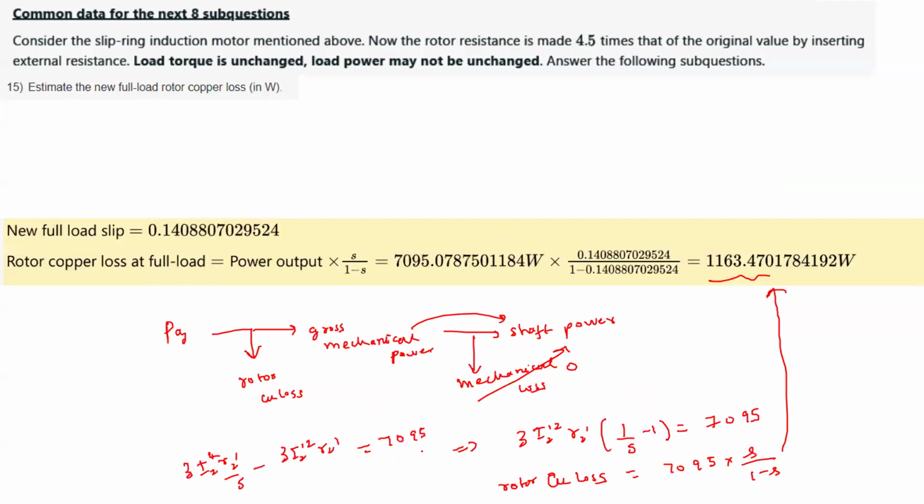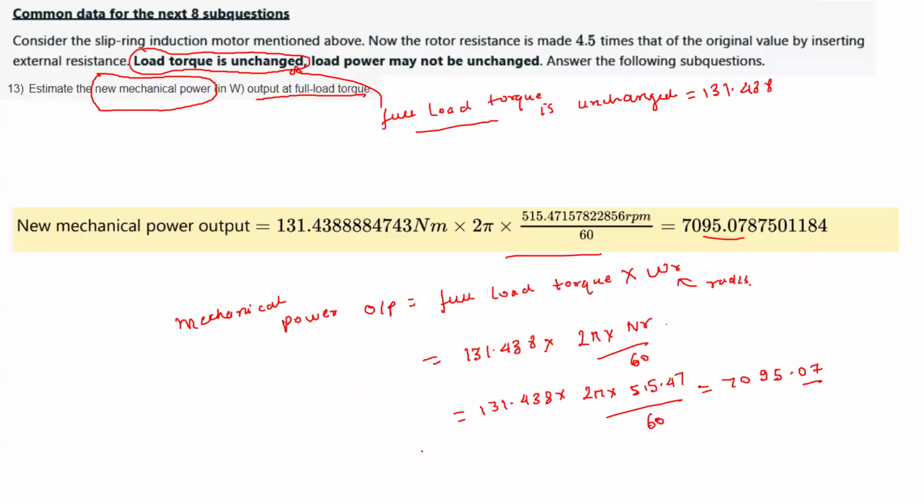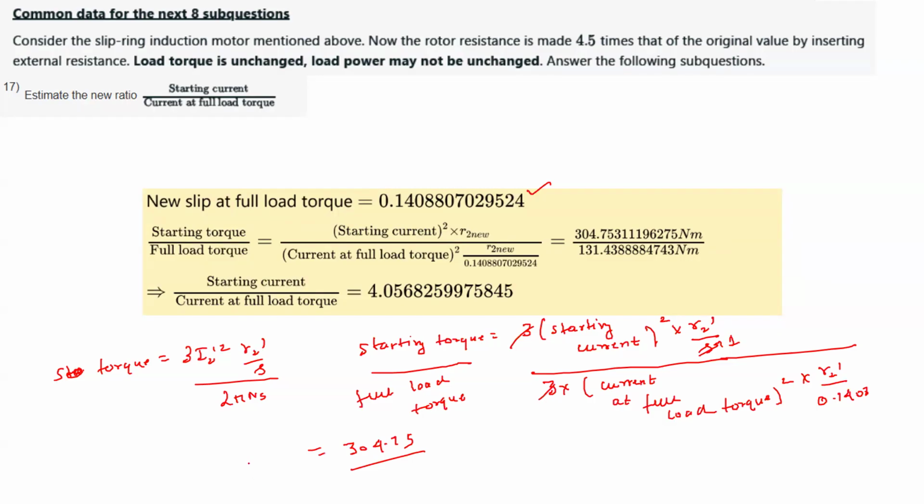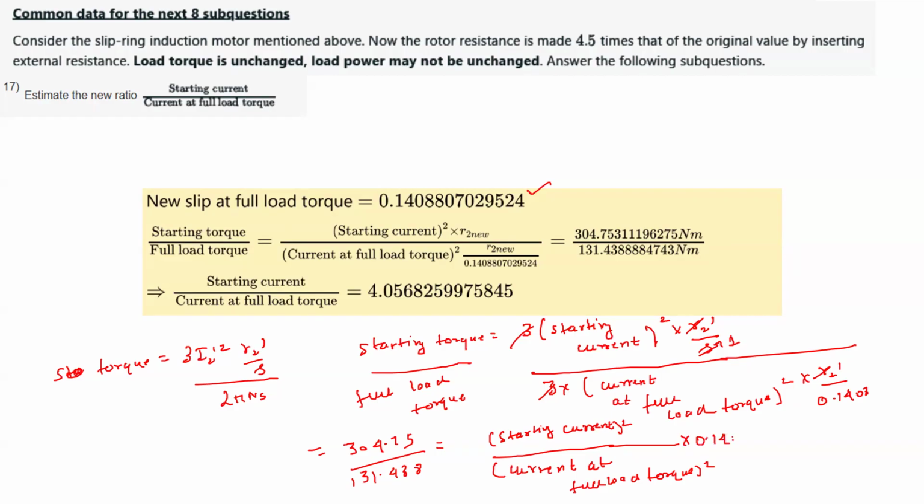Full load torque remains the same in both questions. It was 131.438, right? So 304.75 by 131.438 is equal to starting current square, R2 dash gets cancelled, divided by current at full load torque square, and this goes in the numerator because it is 1 by this, so 0.1408.